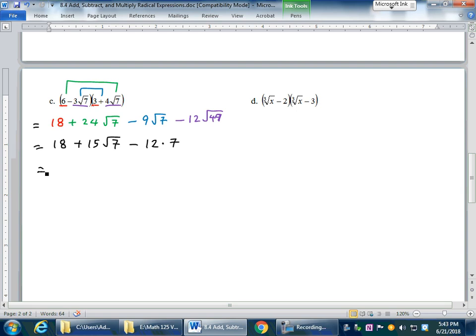In this, 12 times 7 is 84, and then 8, you need to combine with 18, so negative 84. So my final answer will become negative 66 plus 15 square root of 7. That will be my final answer.